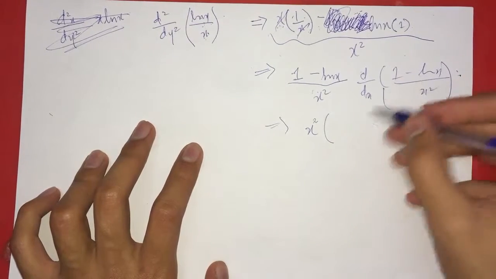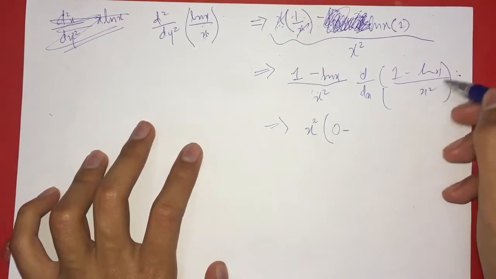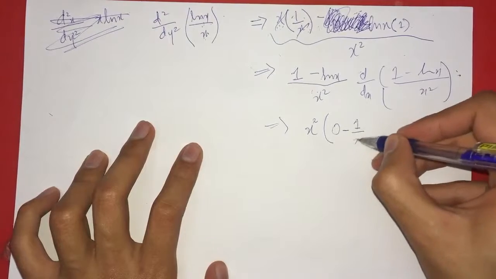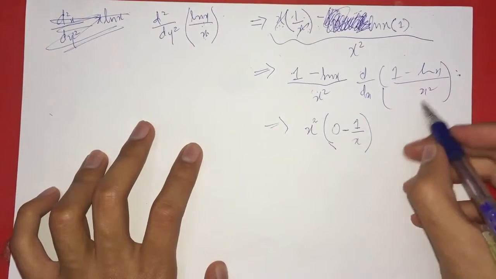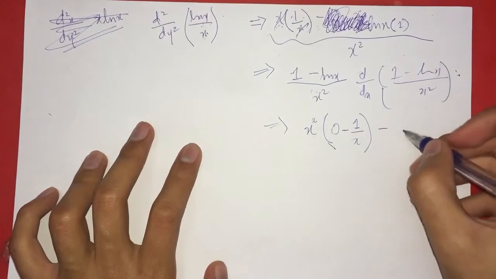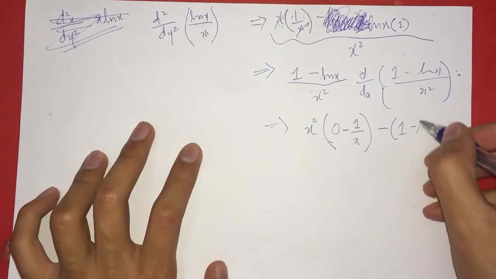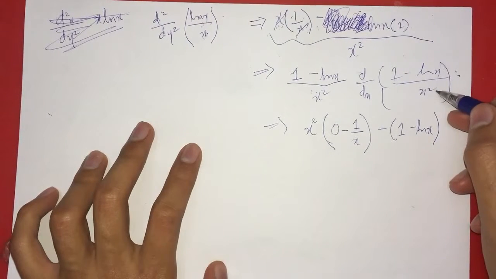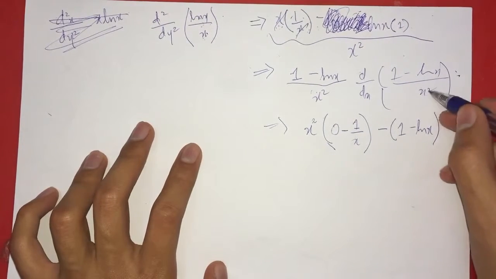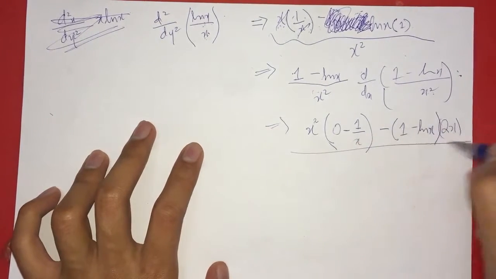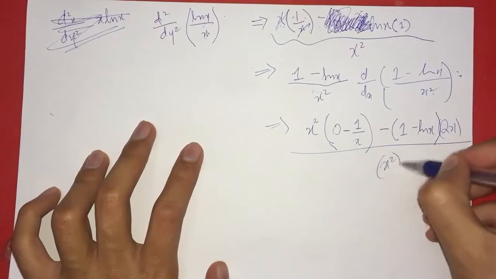So the derivative of 1 is 0 minus, and the derivative of log of x is 1 by x. Alright, minus, and then you write the numerator, so minus 1 minus log of x, then again the derivative of denominator. So derivative of denominator here is 2x, divided by x squared whole square.